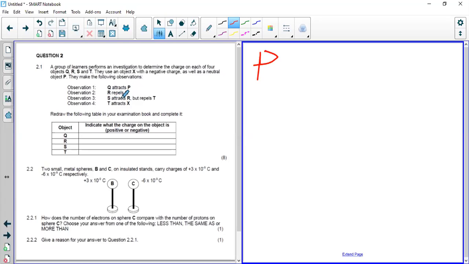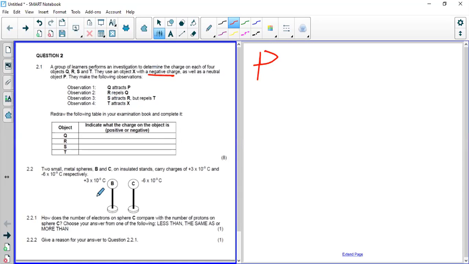S attracts R but repels T. So S and R have opposite charges, and S and T have the same charges because they are repelling. Then T attracts X. So if you go back to the statement, you are told X is negative.